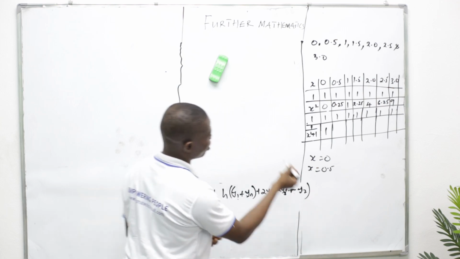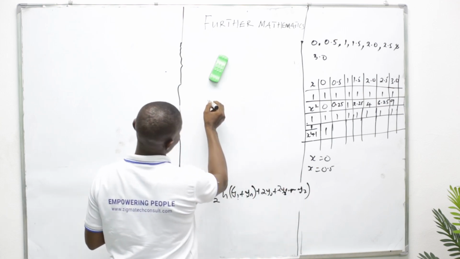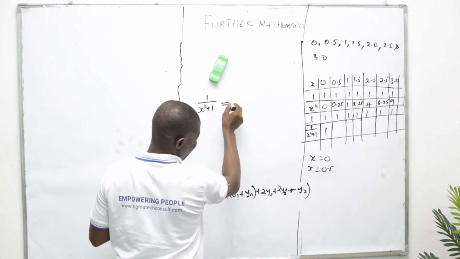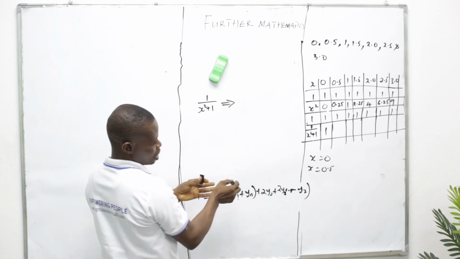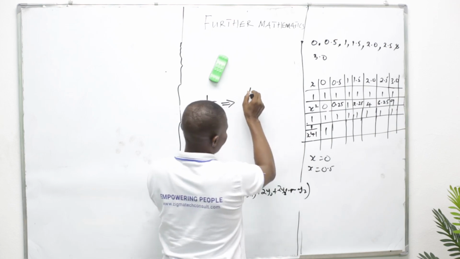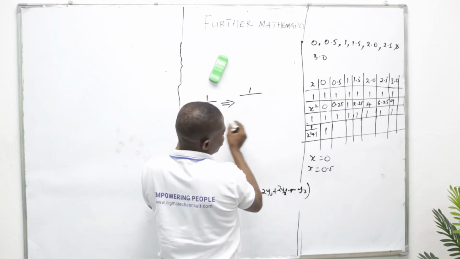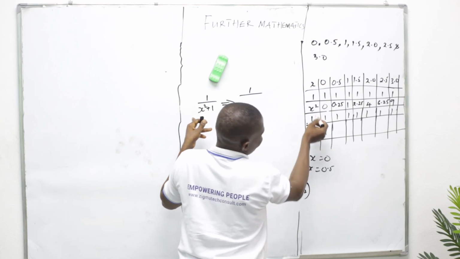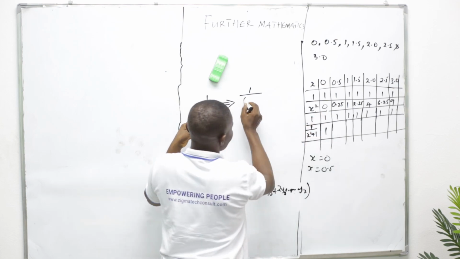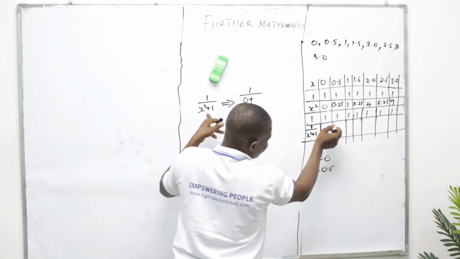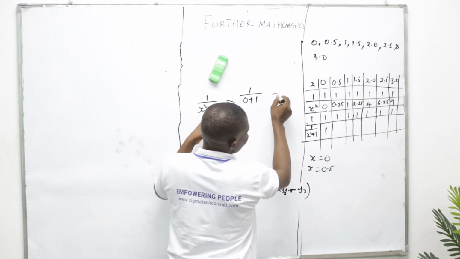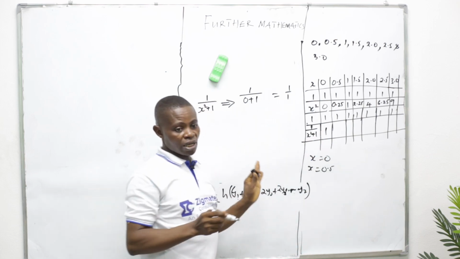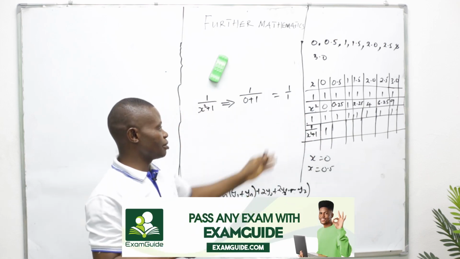Look at how the 1 came about. 1 all over s squared plus 1 implies the constant 1, all over s squared. When s was 0, s squared is 0, plus constant 1 to give us 1 over 1. 1 over 1 equals 1. I hope it's clear. Very clear.